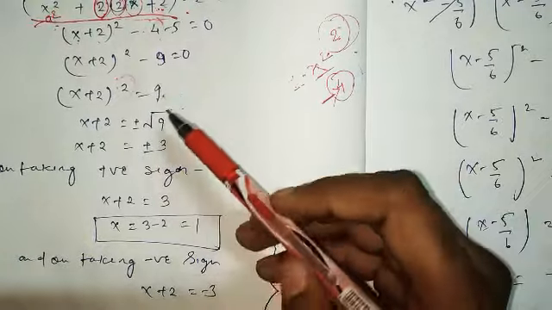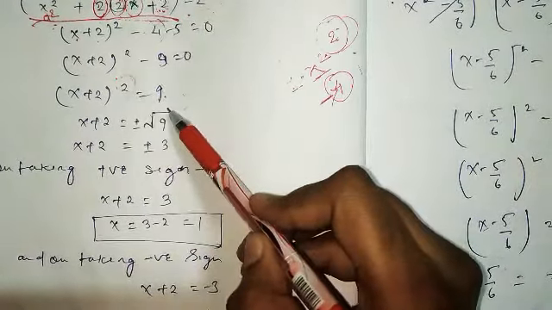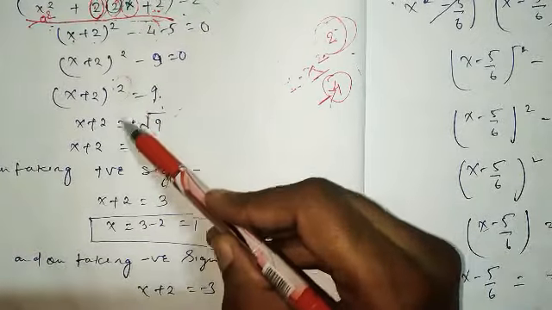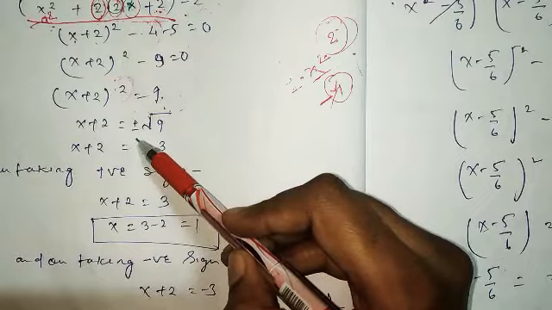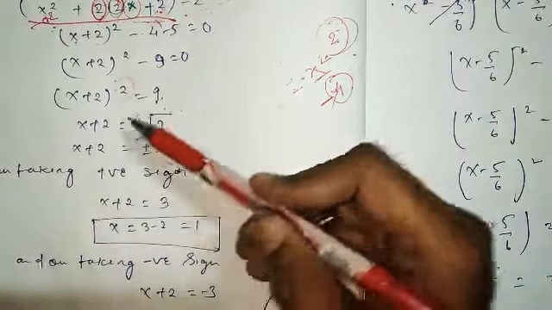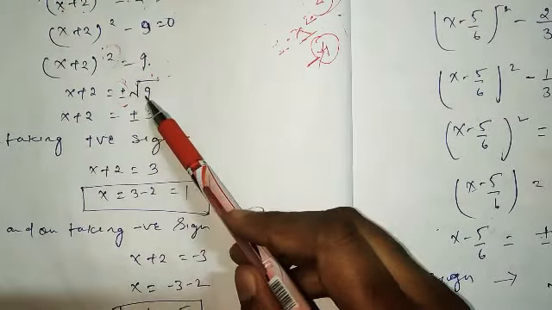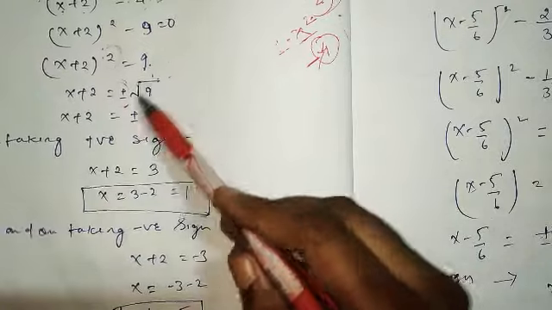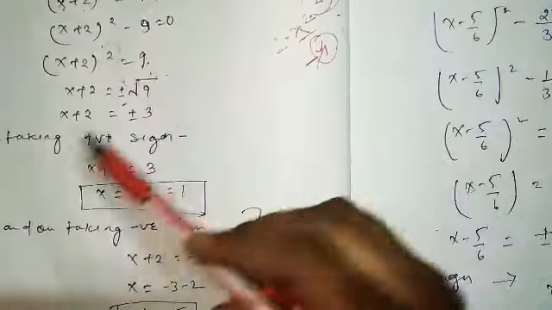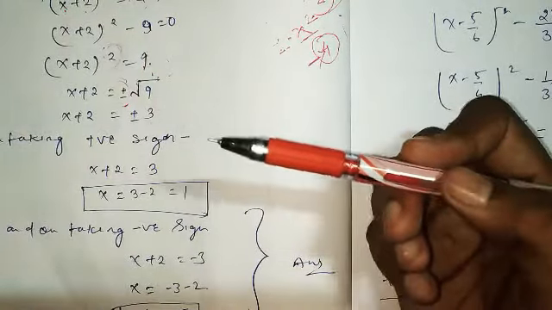And we also have to make it clear in our mind that this under root will not come alone, it will come with the plus minus sign. It is important in quadratic equation problems to take this plus and minus symbol. So this is plus minus under root 9. Under root 9 means 3.